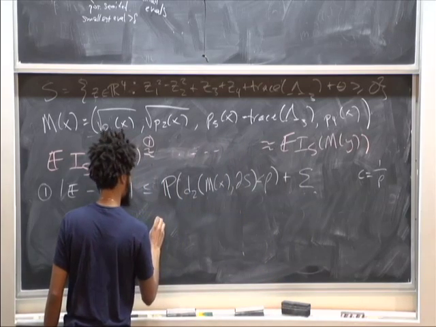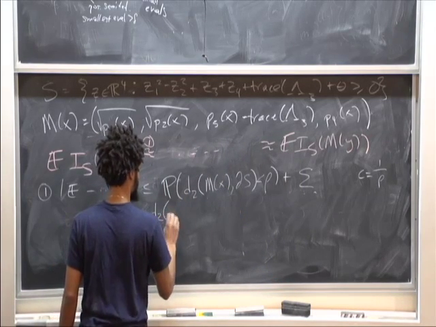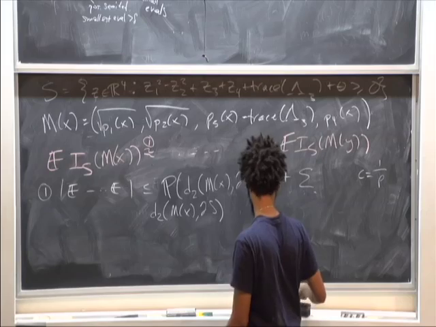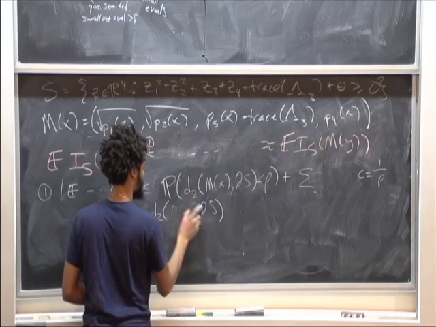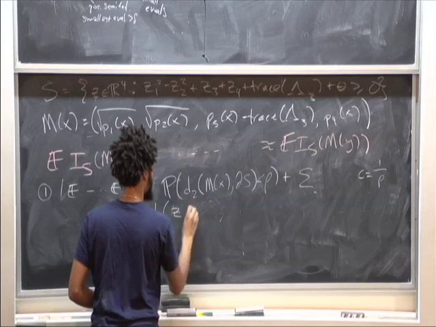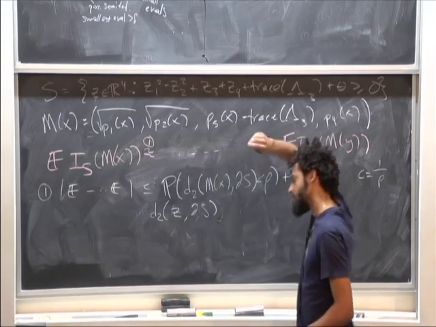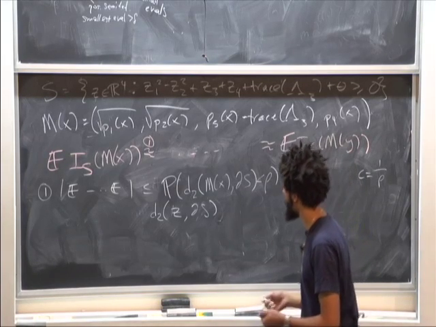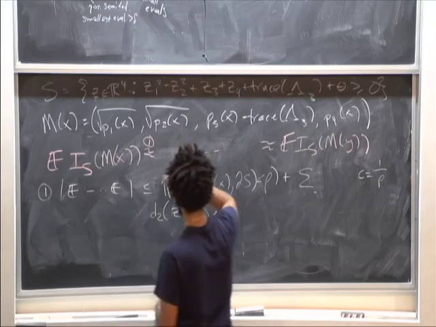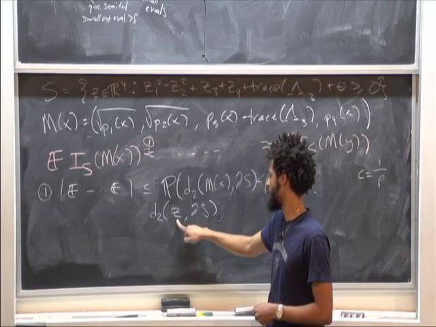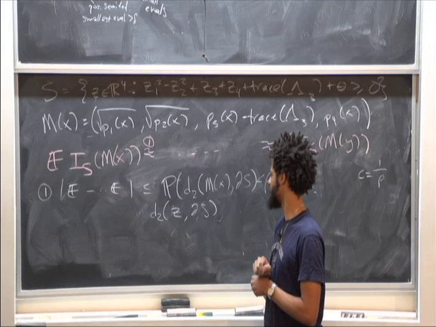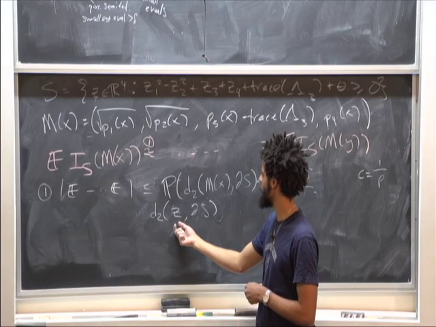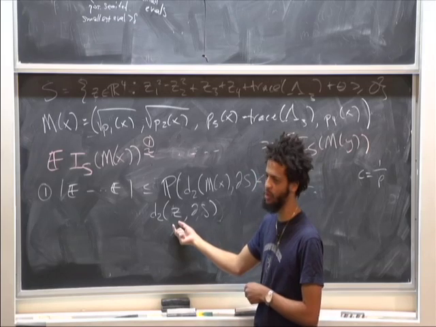Now we just need to understand the distance from m of x to the boundary of S. Let's look at an arbitrary z. Remember, we have this z1 squared, etc. Now suppose that we change z by some vector u with L2 norm at most u.